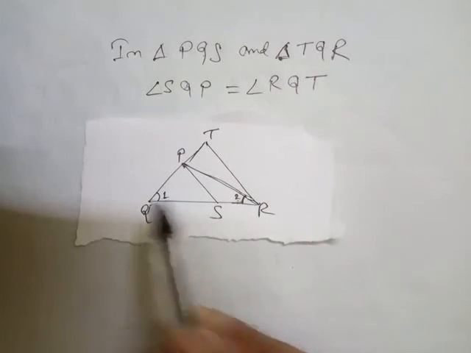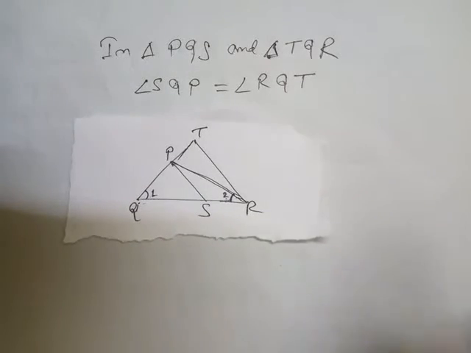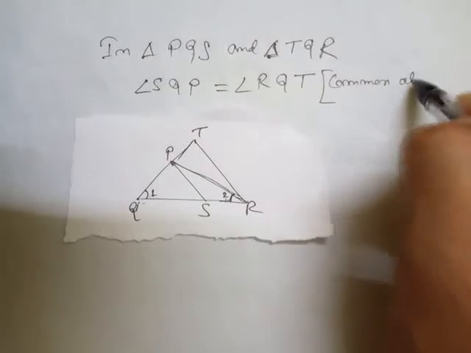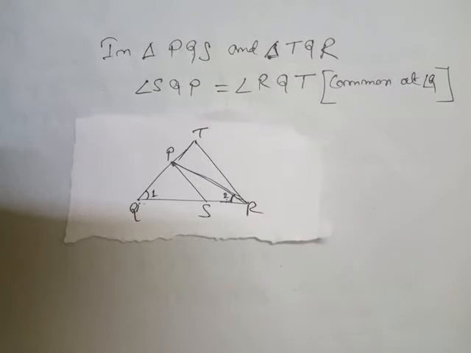SQP means angle Q, RQT also means angle Q, so we'll write common at angle Q, first one.